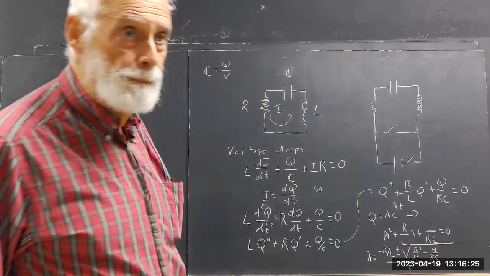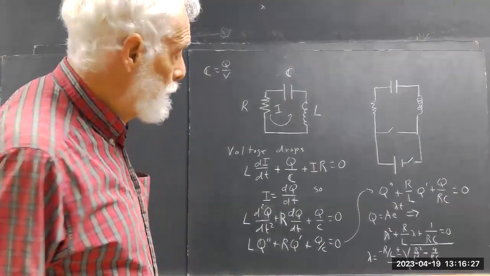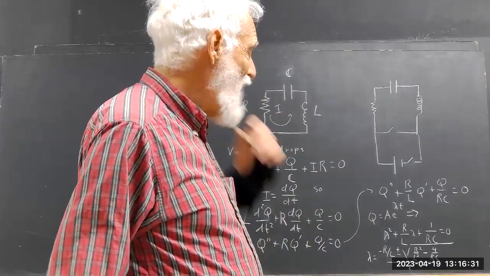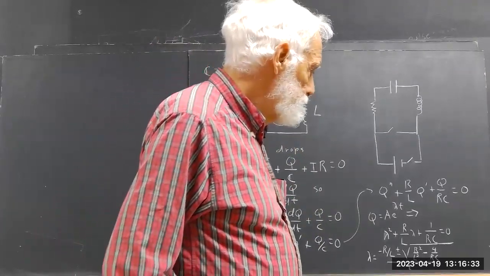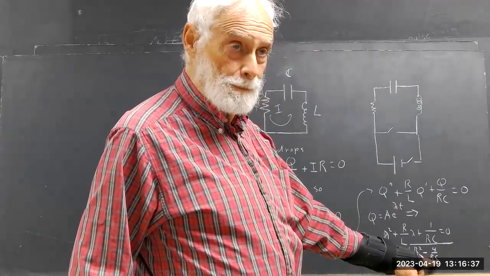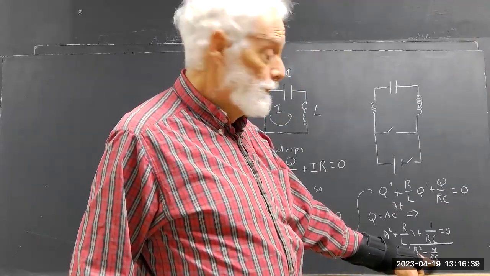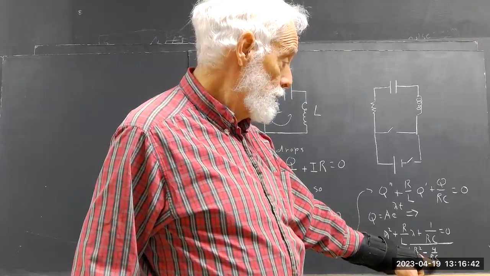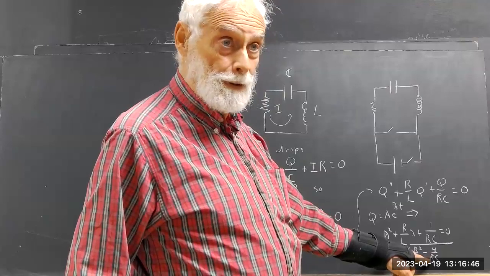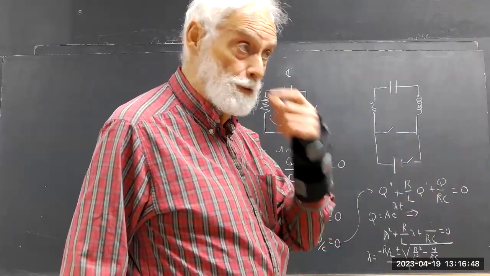And we can immediately see that if RC is small enough, for example, we're going to have a negative under the radical, so we're going to end up with some kind of oscillatory solution.